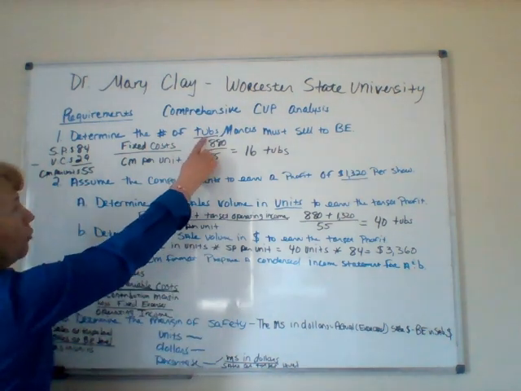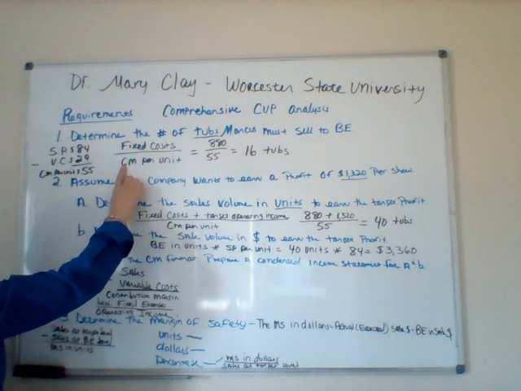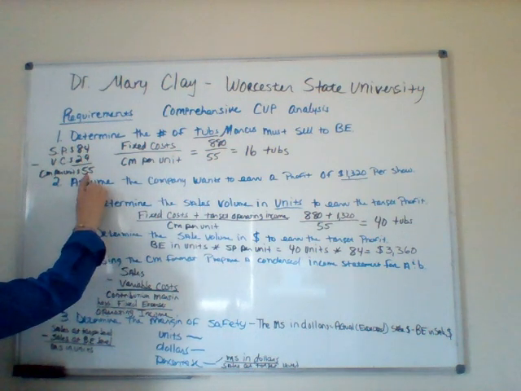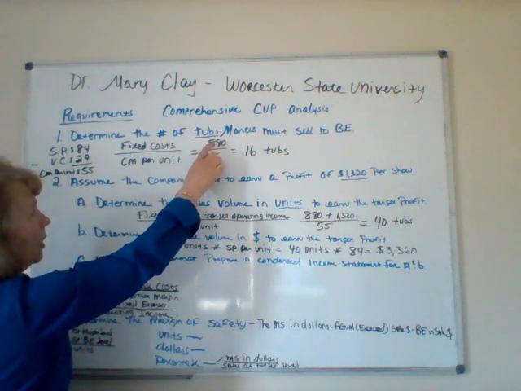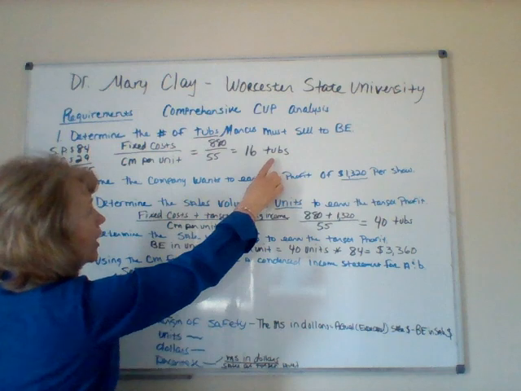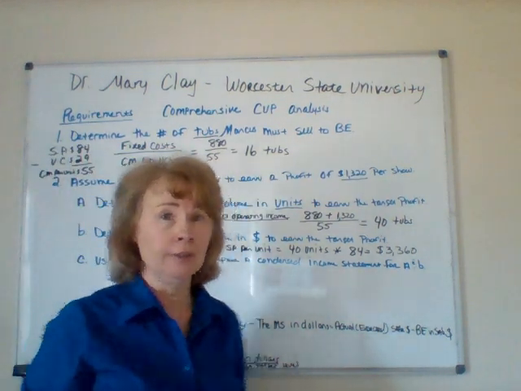It's looking for units. So you're going to take the fixed cost and divide that by the contribution margin per unit. Remember, we derived that in our first analysis. So we take 880, we divide that by 55, and that gives us 16 tubs. Remember, that is not a dollar figure.